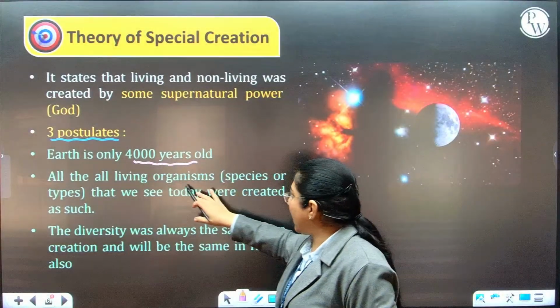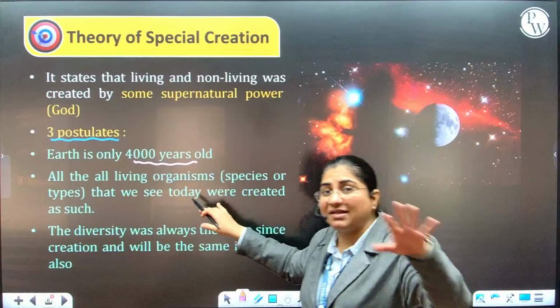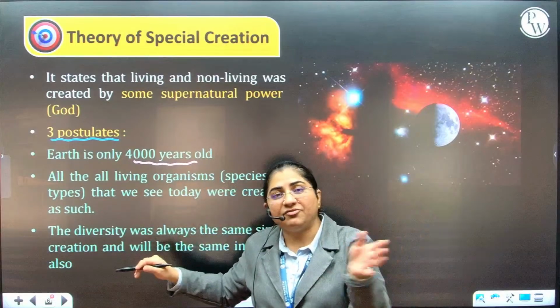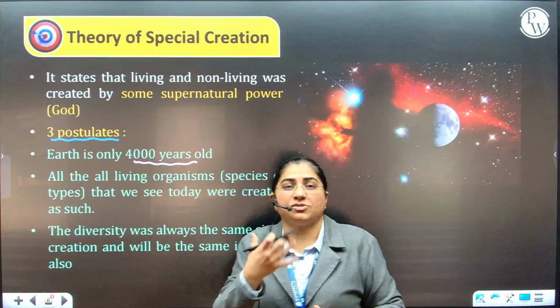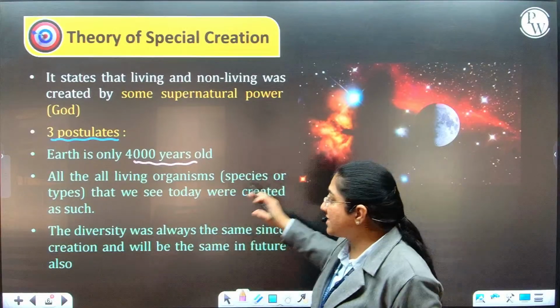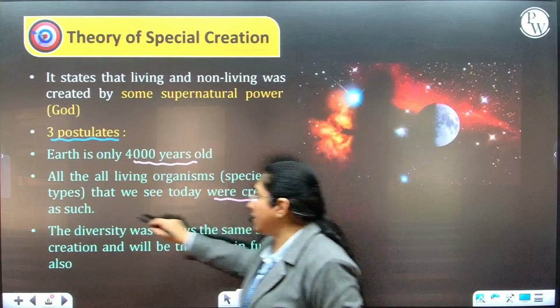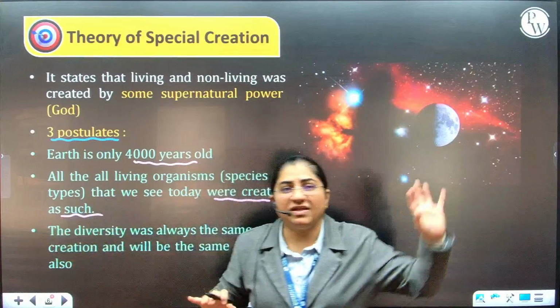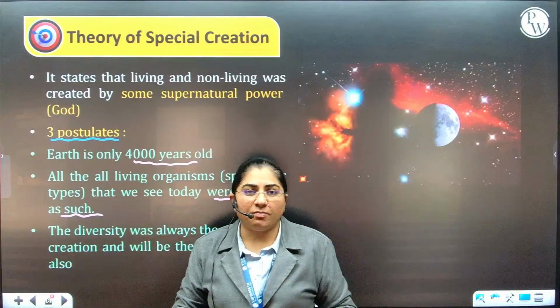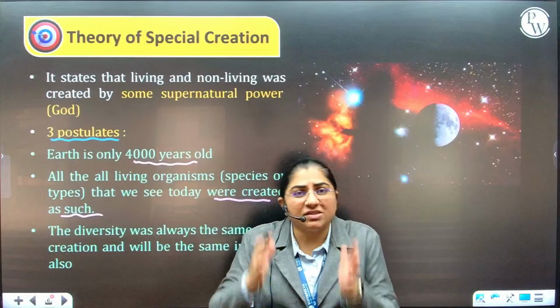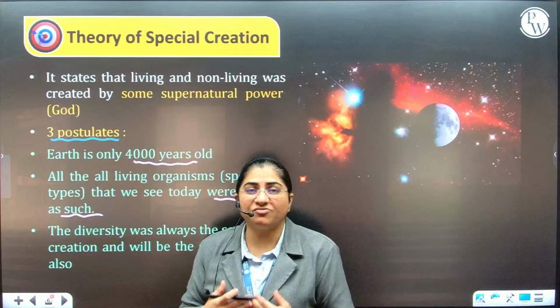All the living organisms, that is the species and the types that we see today, like the different species of human beings, different species of animals, different species of plants, they said that all of them were created as such. Means human beings were never Dryopithecus or Ramapithecus, which we'll see in the later part of the topic. However, they said that human beings were as Homo sapiens sapiens, that is, as we are right now.